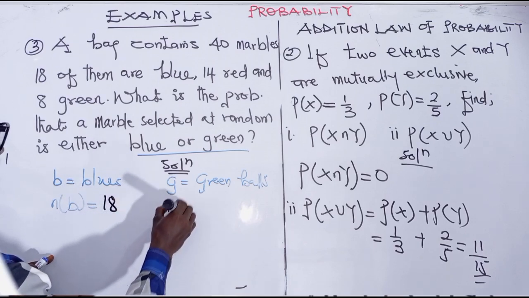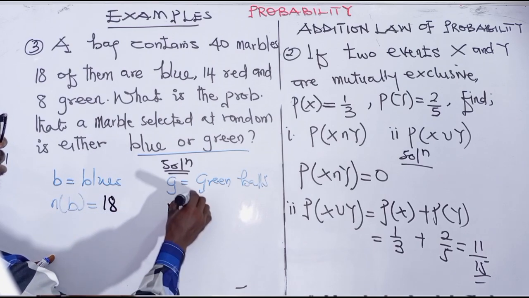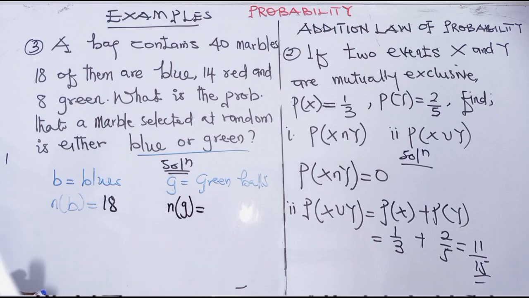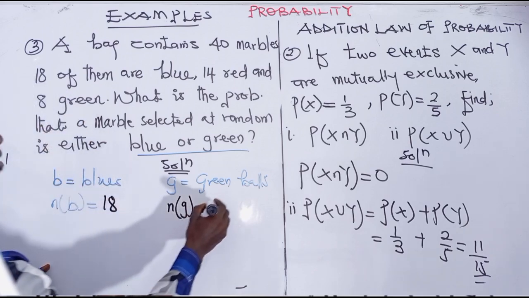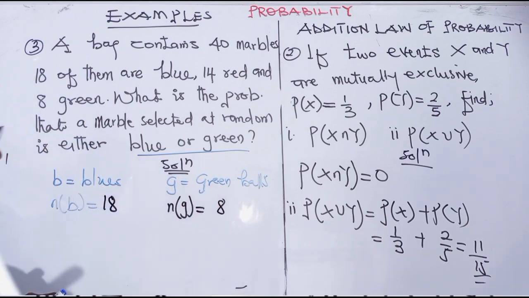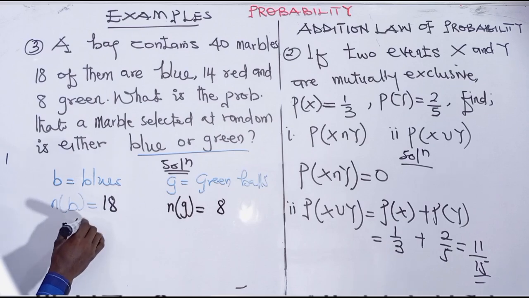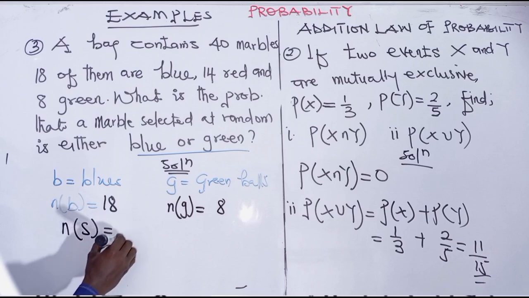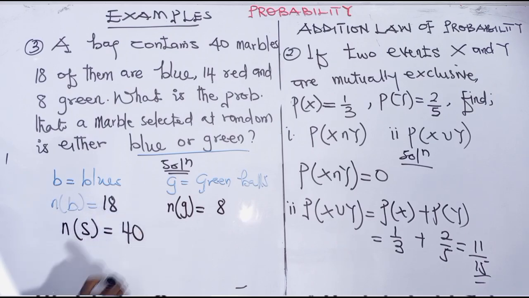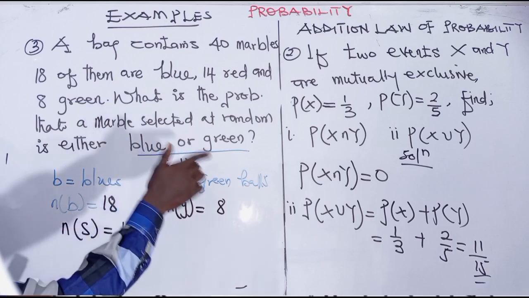Then number of green balls: we have 8 being green, so we have 8. Then number of marbles in the bag, which is the sample space, we have 40 balls.